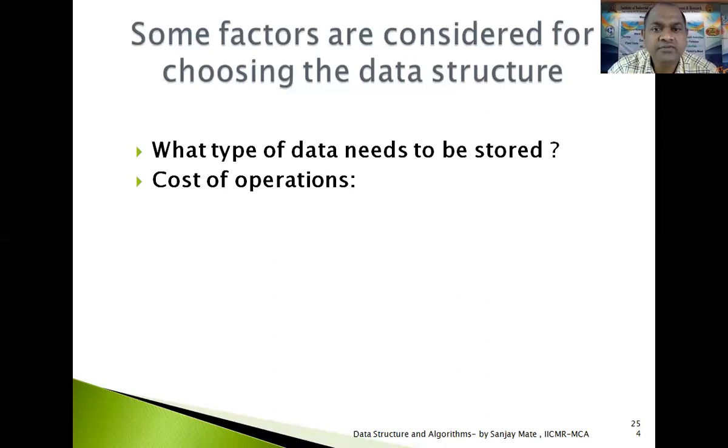But if you are having a list in which insertion is very frequent and in between you need to insert again and again, or delete again and again, in that case array is not the proper data structure for this type of operations. In that case we are going for the linked list. We need to check the cost of operation, so how much time is required to delete some element from the particular data structure. According to that, we are going to select the data structure.